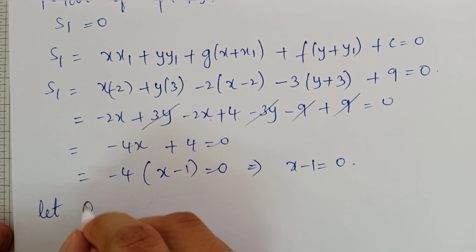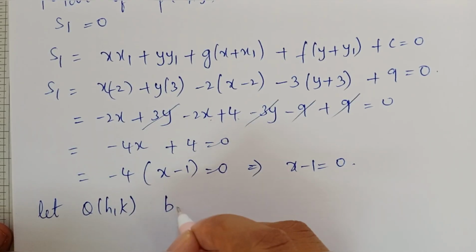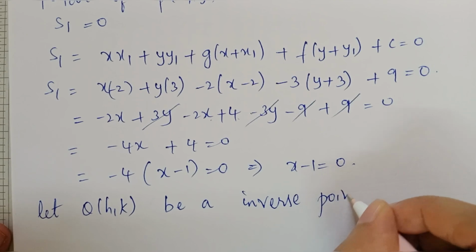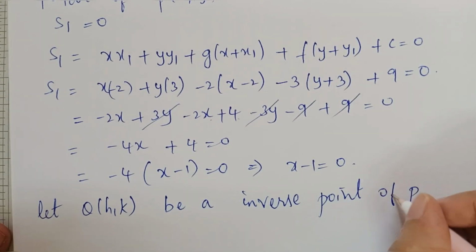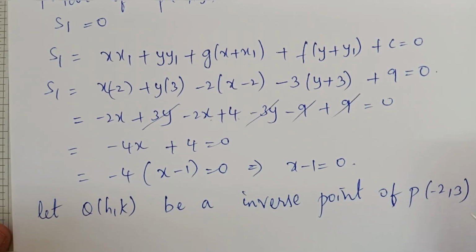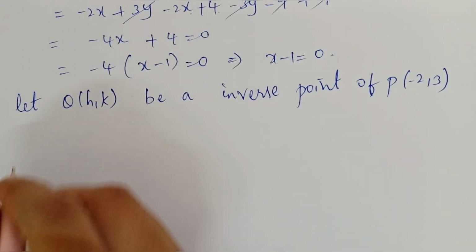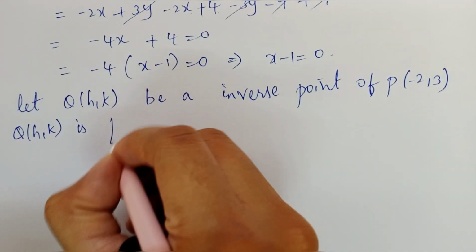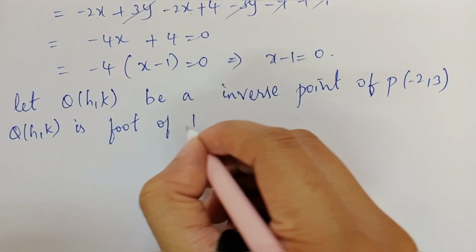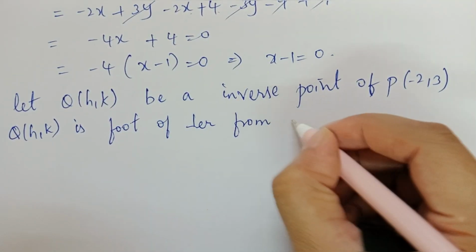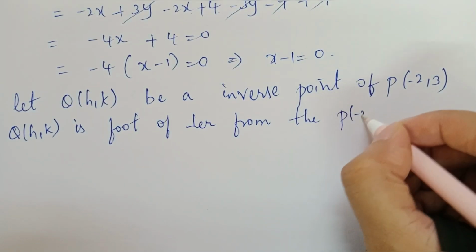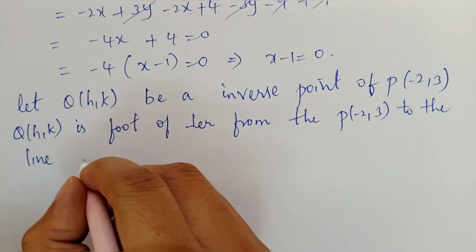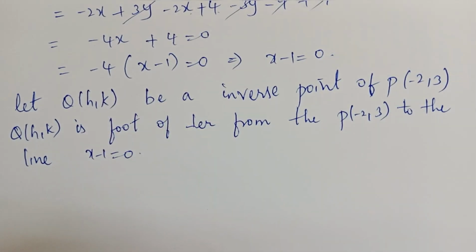So we'll consider Q(h, k) to be the inverse point of P(-2, 3). Q(h, k) is nothing but the foot of perpendicular from the given point P(-2, 3) to the line x - 1 = 0.